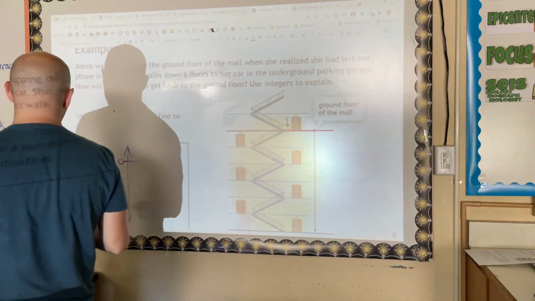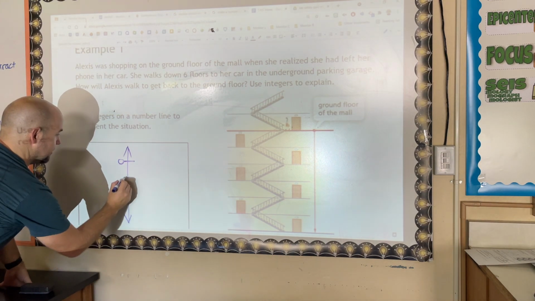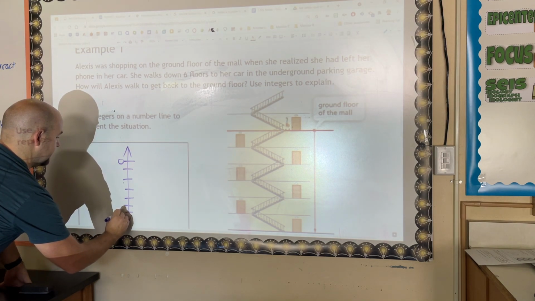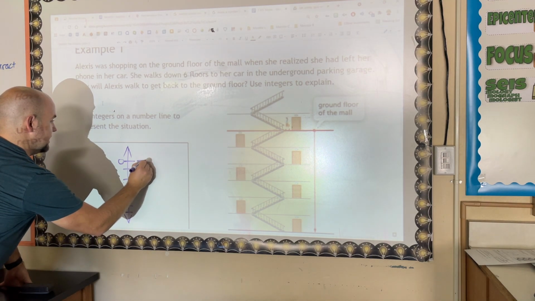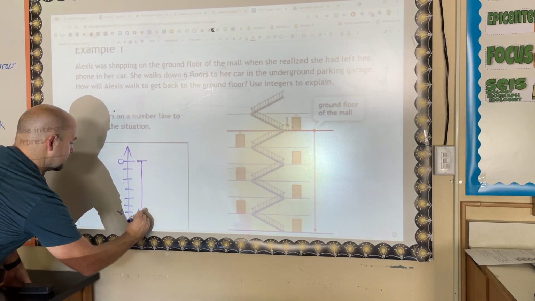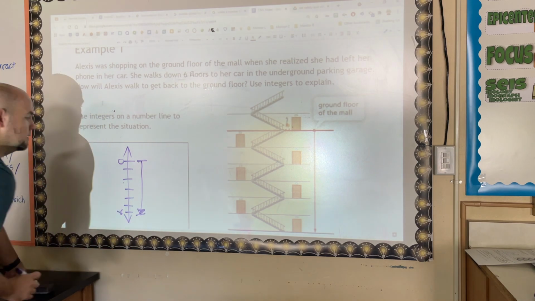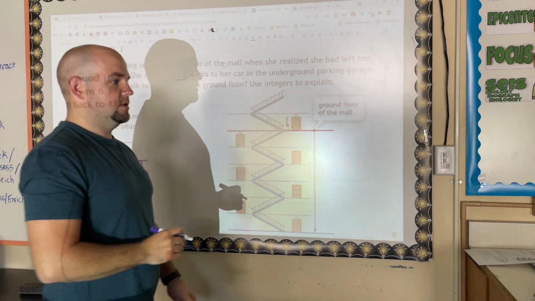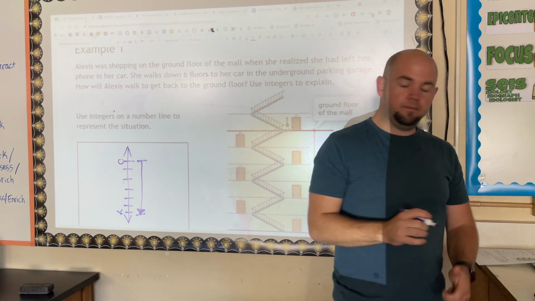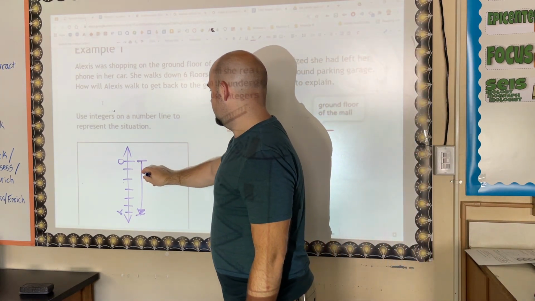Going downwards is going to represent negative numbers. So she could go negative 1, 2, 3, 4, 5, 6. So we have negative 6 here. She starts at 0. She's going to move down 6 floors to get to the parking garage to get her phone. So down 6.